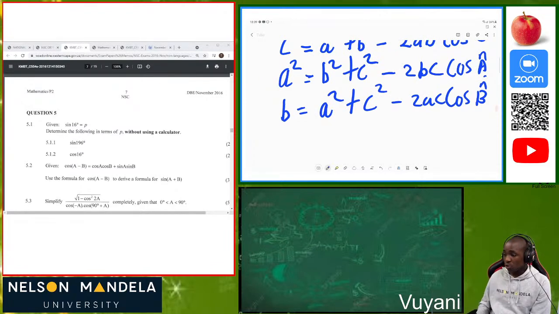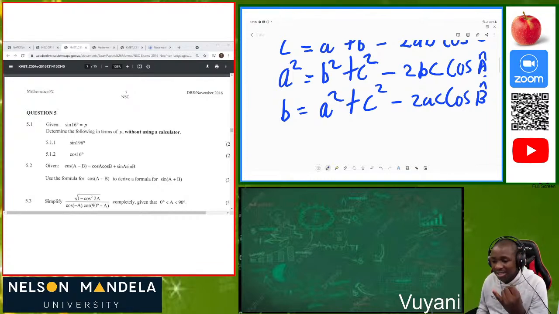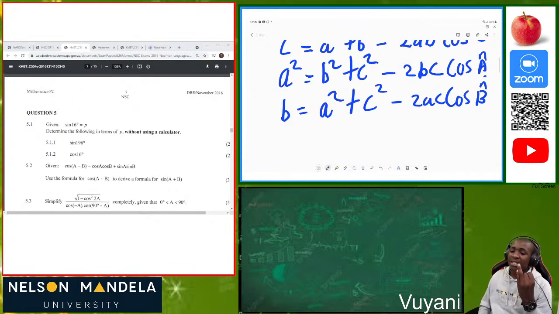We are about to go to questions now. I am done with the trigonometry of grade 11. We started by talking about the reduction formulae. We did the co-ratios, the identities, the area rule, the special angles, the sine rule, and the cosine rule.